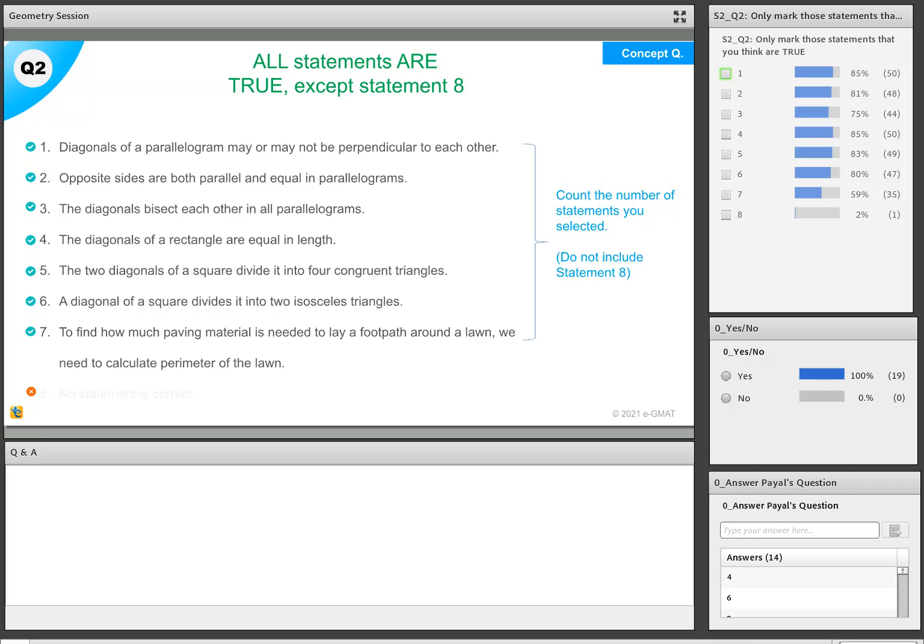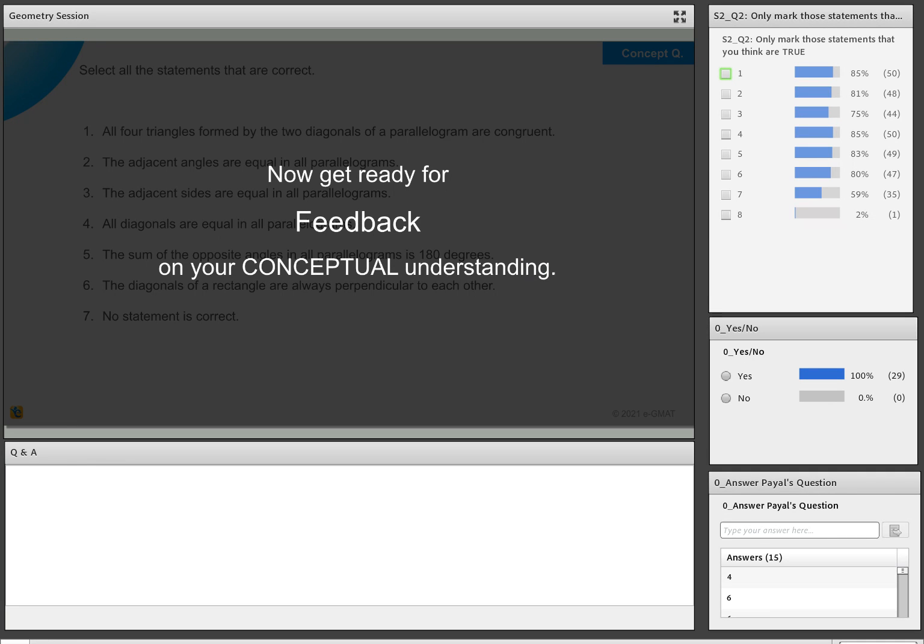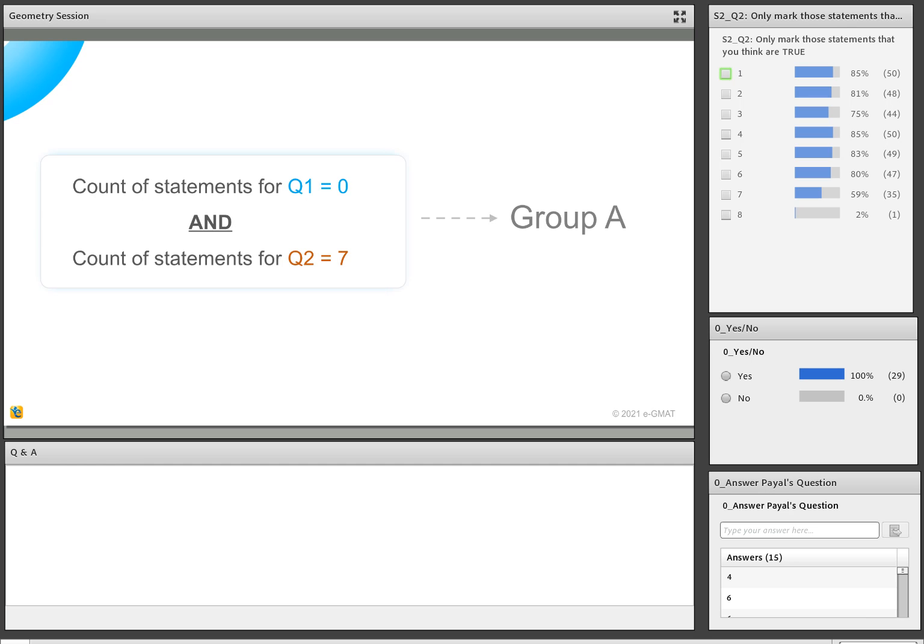Okay, sounds good. Now is the feedback time. What I want you to look at is the number of statements that you got correct for question 1 and the number of statements that you got correct for question 2. If the number of statements is 0 for the first one and 7 for the second one, then you belong in group A. So make a note of that.